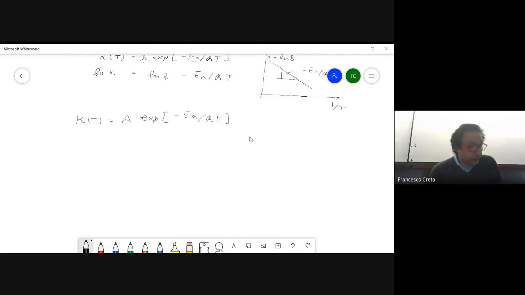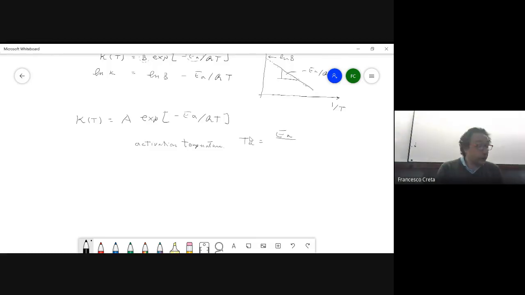Now, first of all, there are many definitions that you can introduce. One is the activation temperature. It's totally equivalent to the activation energy. The only thing is that it's measured in Kelvin.